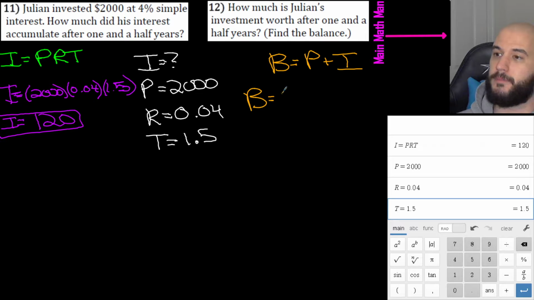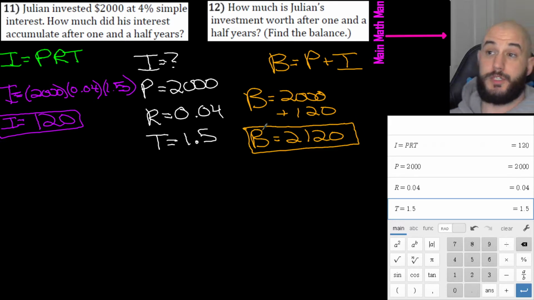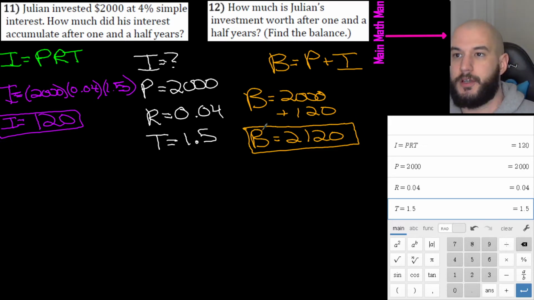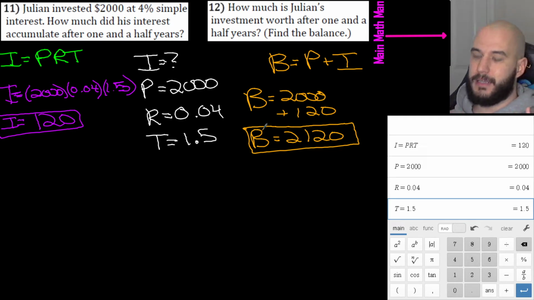So you could say, all right, I have 2,000 plus my 120 that we just found, and it should equal that $2,120. And so since he invested, this is how much he now has in total.